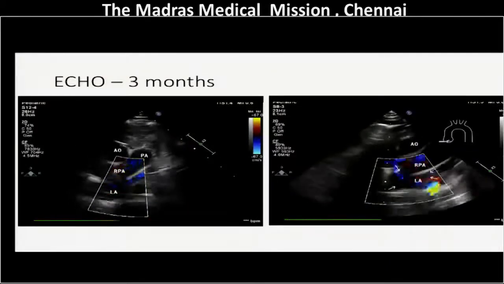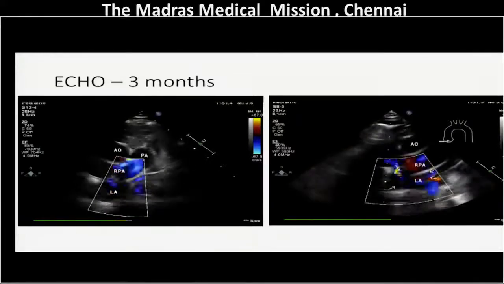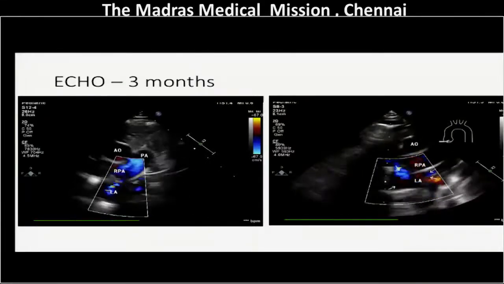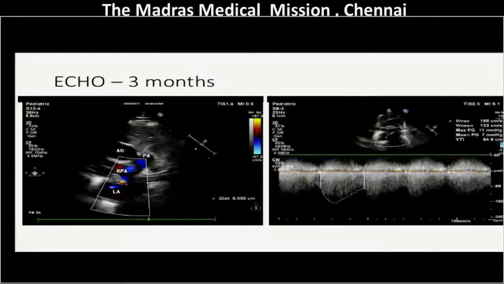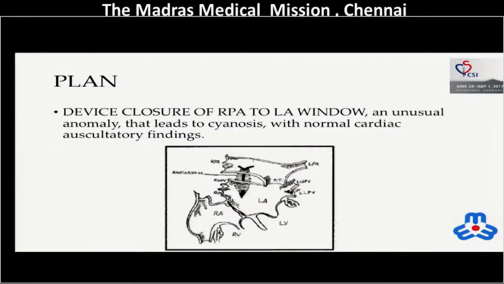On a suprasternal view, we demonstrated the same aneurysmal-like sac with an RPA to LA fistula with normal pulmonary veins. The gradient across the orifice was measured about 11 millimeters of mercury. The plan for today is to have a device closure of the RPA to LA window, which is an unusual anomaly that leads to cyanosis with normal cardiac auscultatory findings. Thank you.